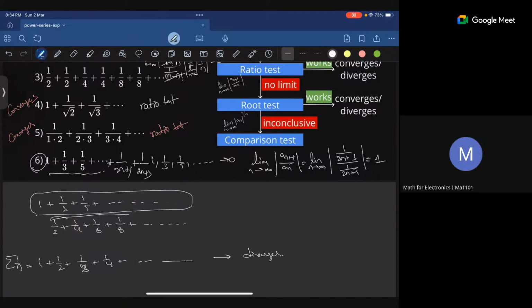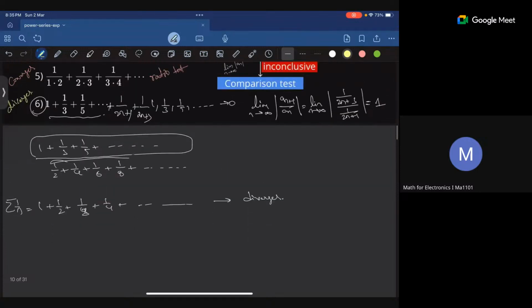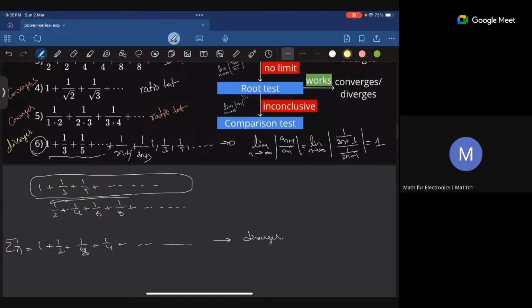Actually, it will diverge. Right now, I am unable to get the proper comparison series. Just hold on. If any one of you have any thoughts, you can just let me know. Okay, you can also help me out. Any thoughts from anybody?